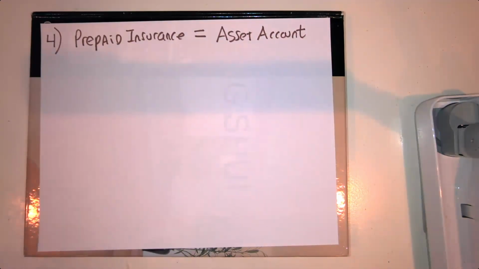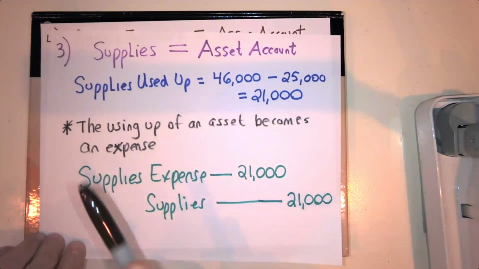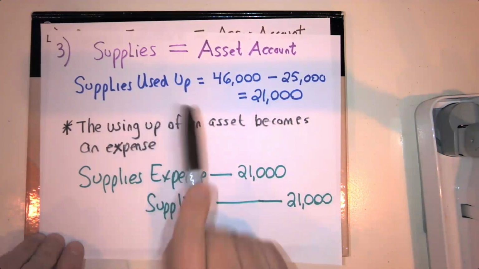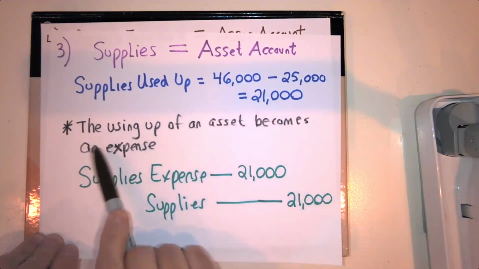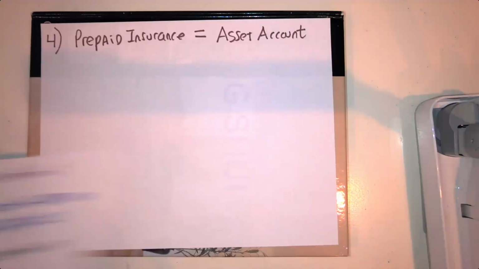Because part of the insurance has been used up. That sounds like an excellent answer. Some of the prepaid insurance has been used up. And we just saw not but a few moments ago, when an asset gets used up, it becomes an expense, and we need an adjusting entry to do that.